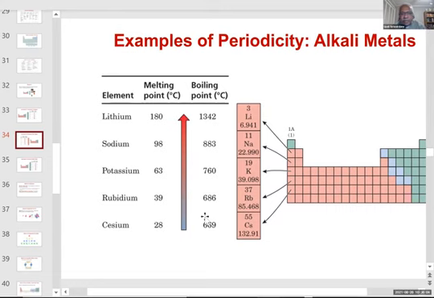Cesium has a lower melting point than lithium. So there are opposite properties for these two groups as far as physical properties are concerned.